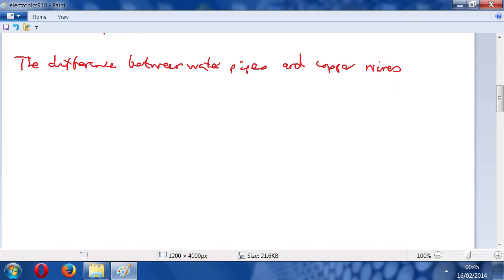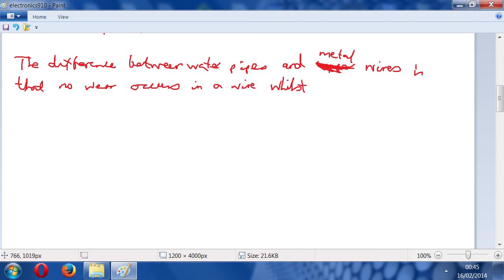So the difference between water pipes and, say, metal wires, is that no wear occurs in a wire, whilst corrosion occurs in pipes.